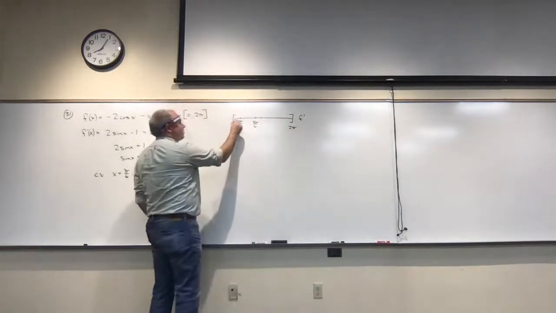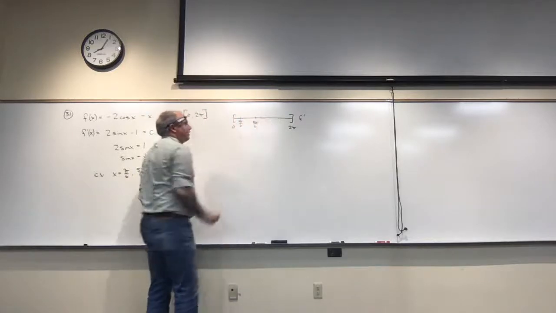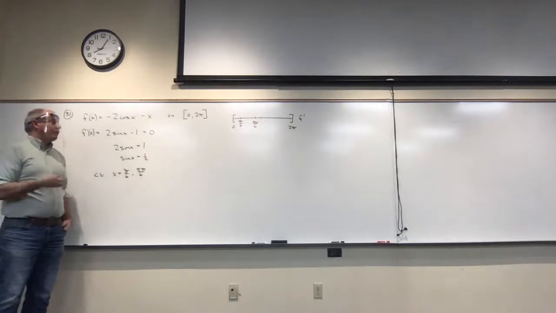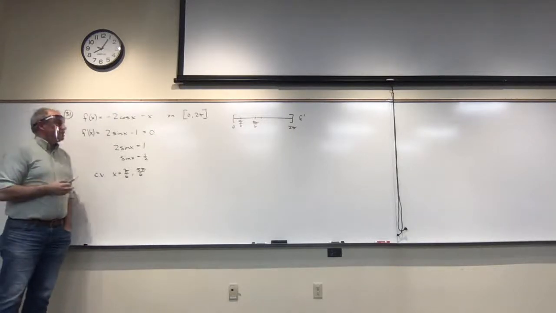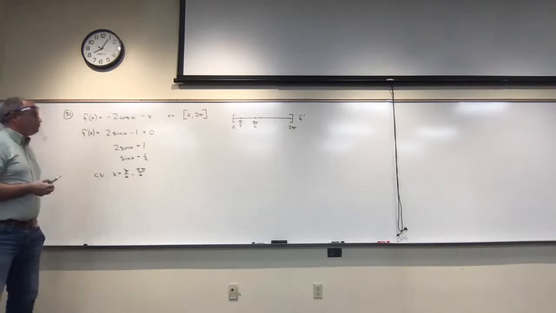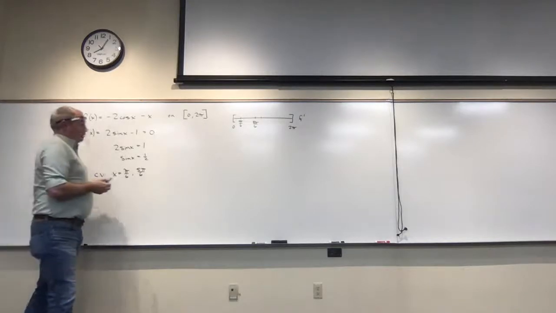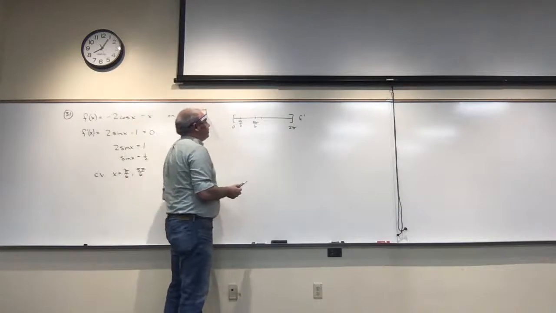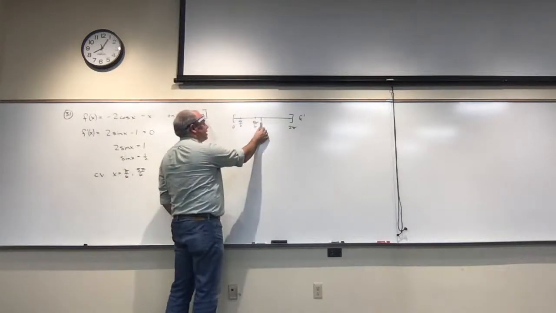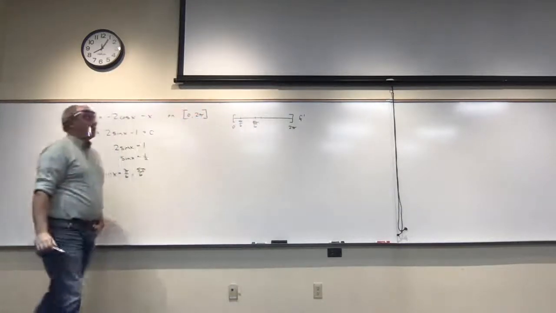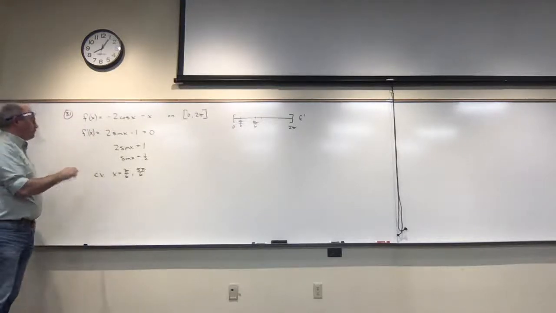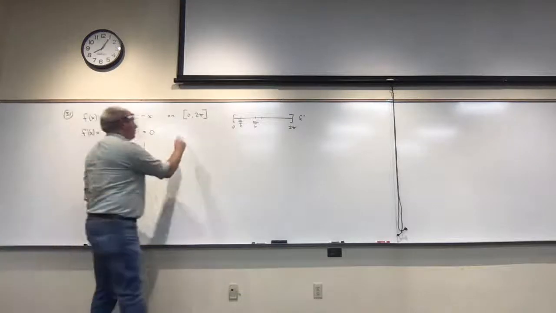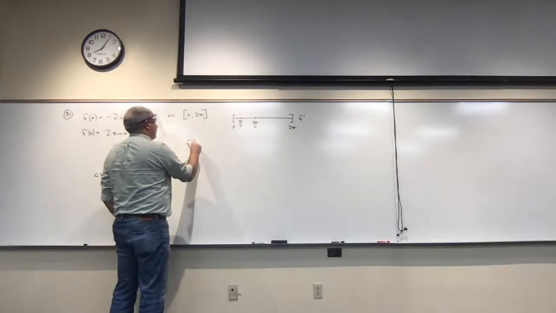And we want to test some points in between these 3 regions to see, is it positive or negative, or in other words, is it increasing or is it decreasing on that interval? Okay, so what should we test here? Maybe the easiest thing we could test is just pi. And we're testing it in the derivative, right? Let's remind ourselves what the derivative was.